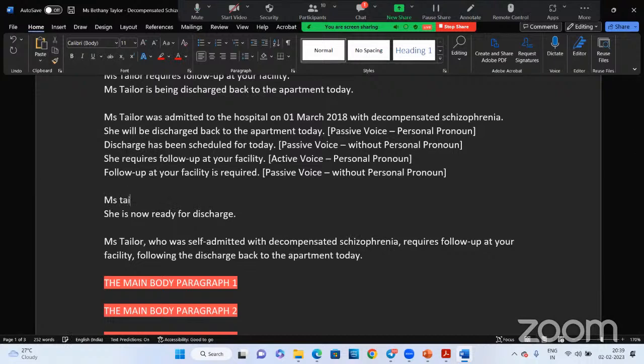Miss Taylor admitted herself. Miss Taylor admitted herself on 1 March 2018 with decompensated schizophrenia.